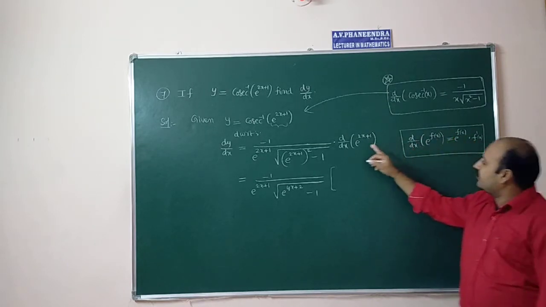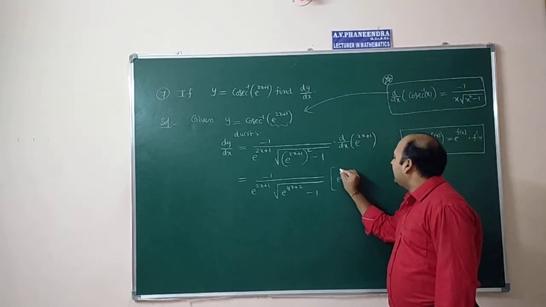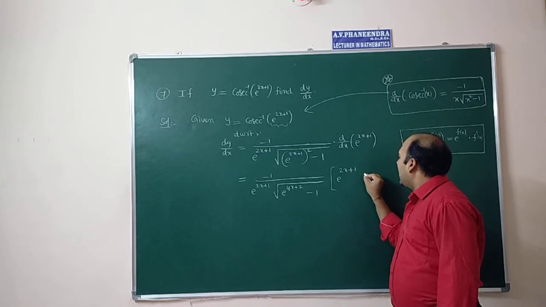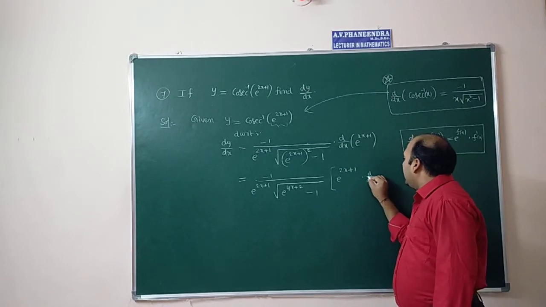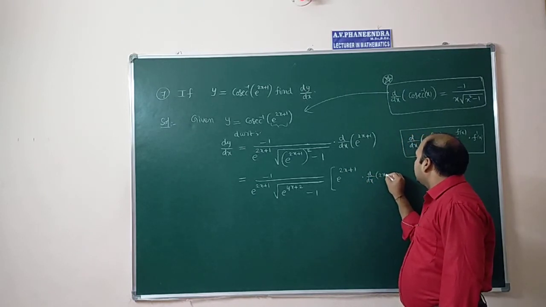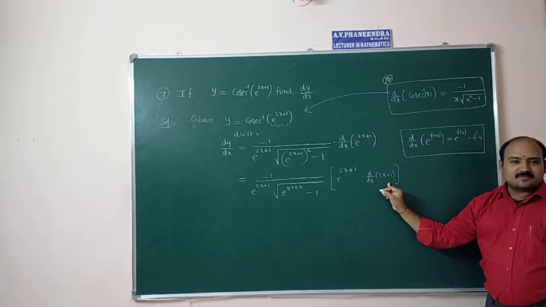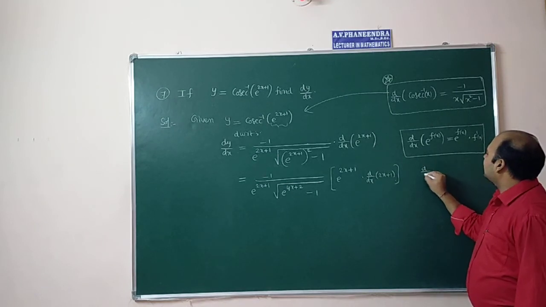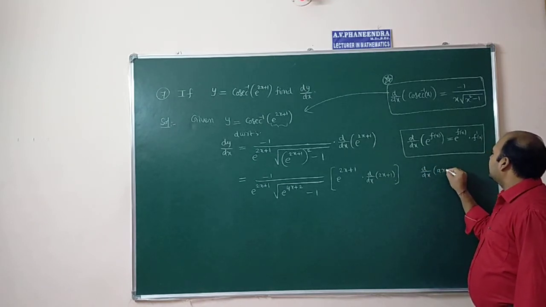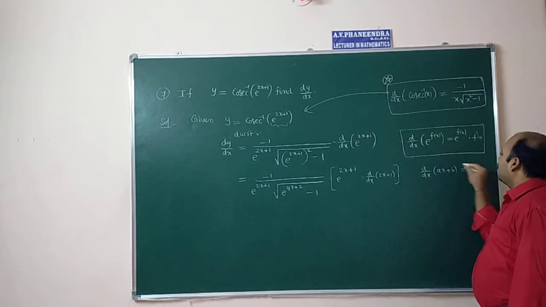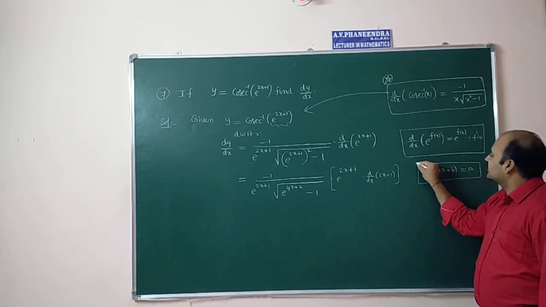E power f of x derivative, e power 2x plus 1 derivative is e power 2x plus 1. Again we have to differentiate d by dx of 2x plus 1. It is in the form of d by dx of ax plus b only. d by dx of ax plus b is equal to a. Number of times I told in previous classes.